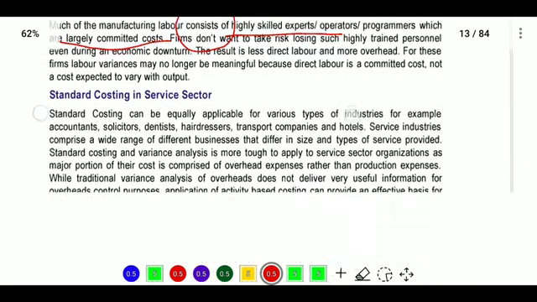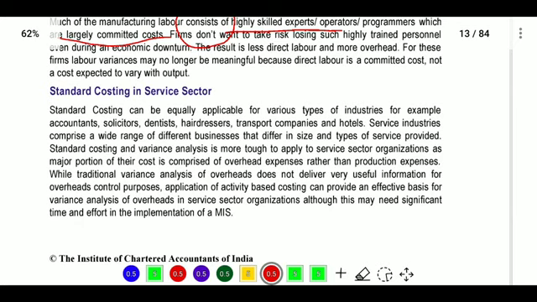Next, standard costing in the service sector. Here we use activity based costing. Activity based costing can provide a constructive base for variance analysis of overheads in service sector organizations.